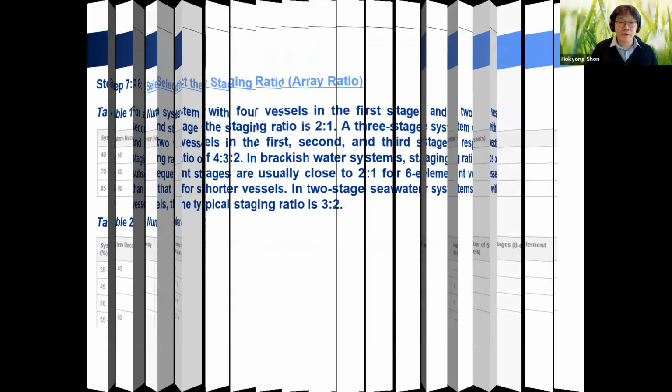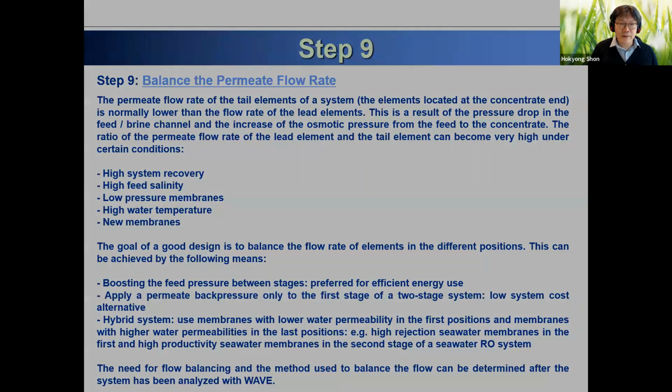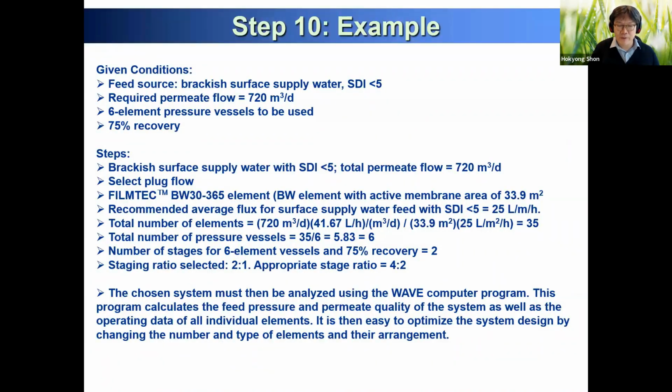So that's a very good question. We can follow the table because you have no experience, but if you have some experience of RO operation, you will also design your own way of staging.